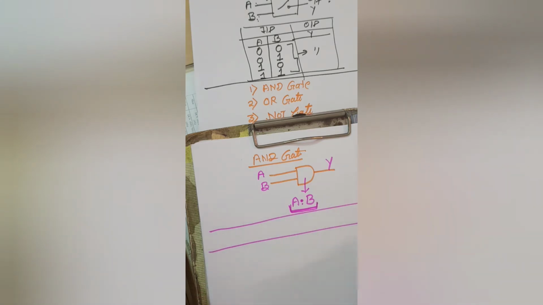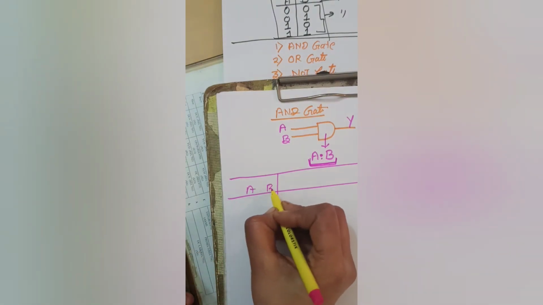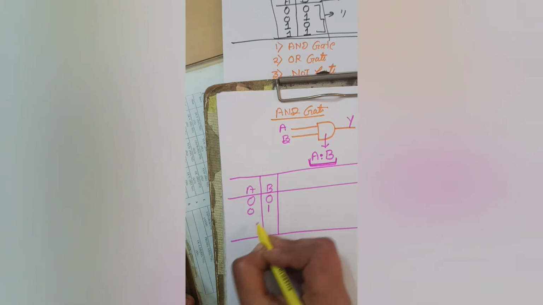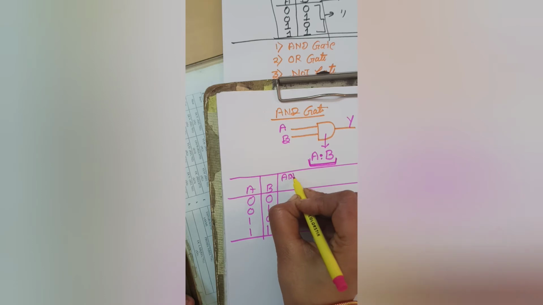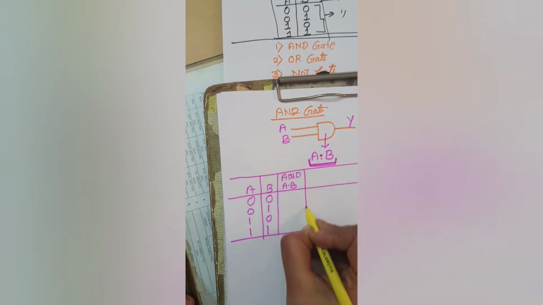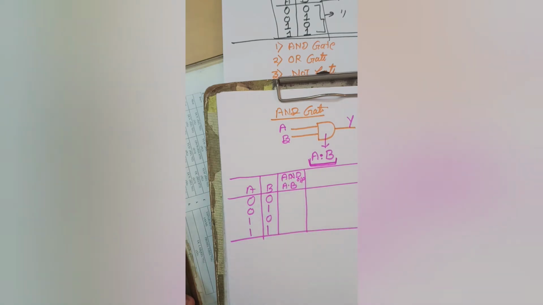This is your truth table. The concerned inputs are A and B. 4 combinations I have: 0 0, 0 1, 1 0, 1 1. I have to identify the output of the AND gate, that is A dot B. All these are representing the output.